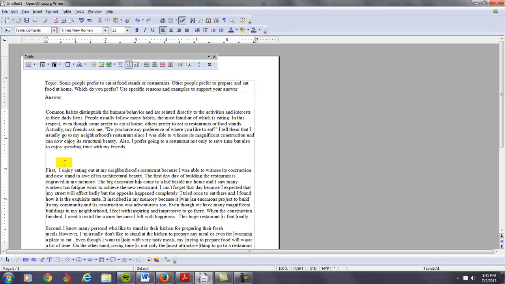The big excavator, you want to use here, I think, past tense. Came to a vacant lot beside my home, and I saw many workers.